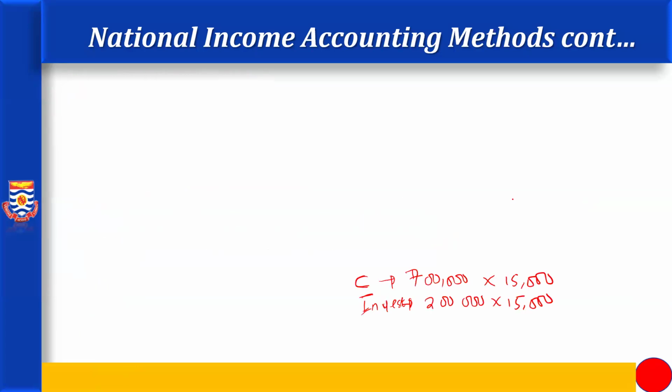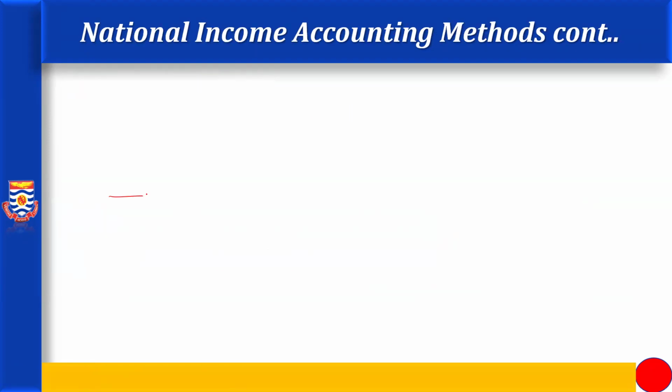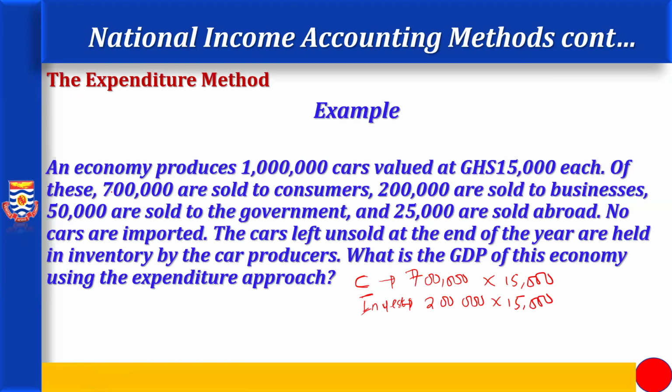So look at something here. 1 million cars, right? We sold 700,000 plus 200,000, that is 900,000. Plus 50,000, that is 950,000.